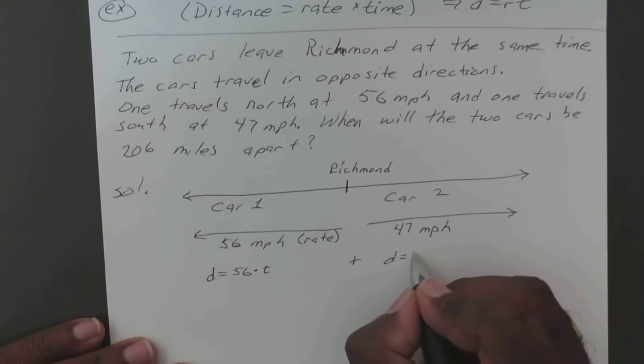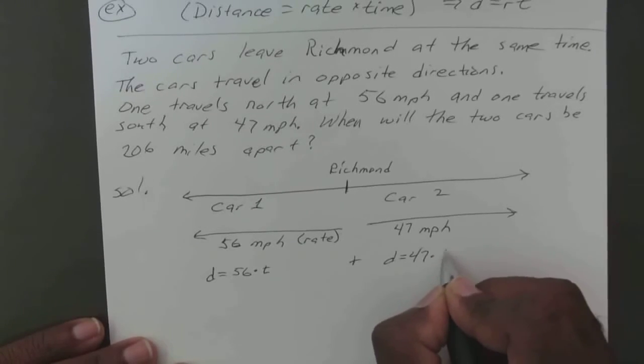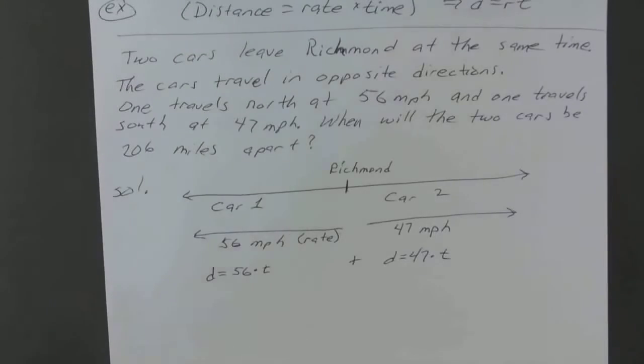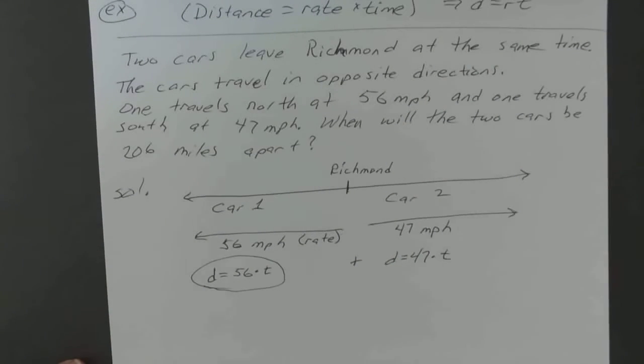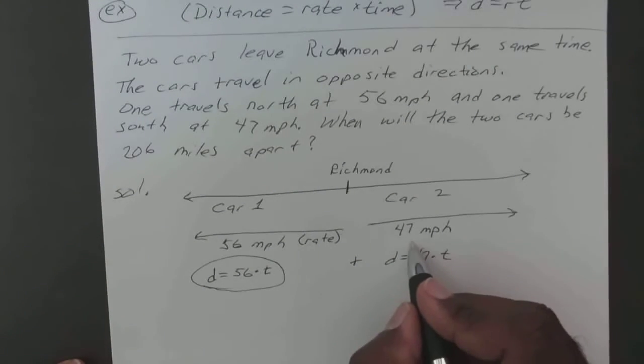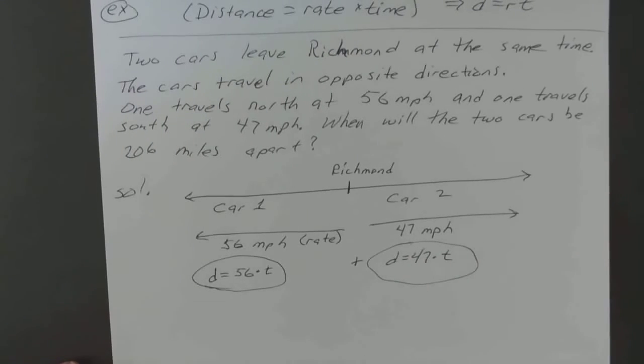So our distance is going to be 47 times some unknown t. Okay. So we don't know how far this one drove north. We don't know how far this one drove south. But at some point, they're going to be 206 miles apart. So that means if we get this distance plus this distance, and we find out when it equals 206, we'll have our time.